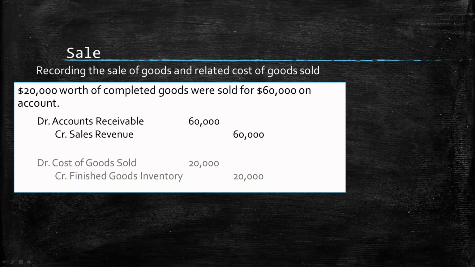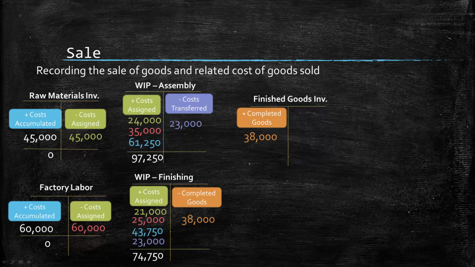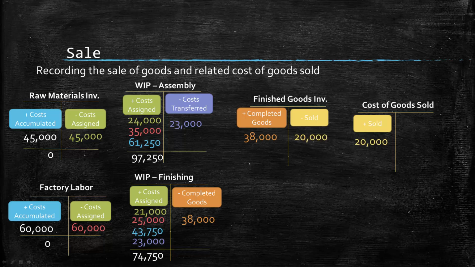And then next we can record our cost of goods sold with a debit to cost of goods sold for the $20,000 and a credit to finished goods inventory. And so if we go ahead and add those into our accounts, we can see that the sold goods are going to come out of our finished goods inventory and move over into cost of goods sold.